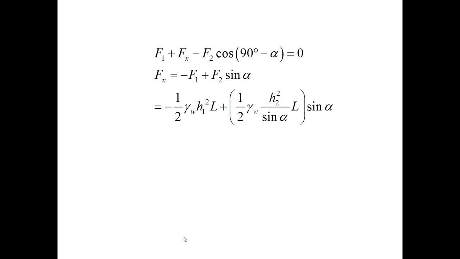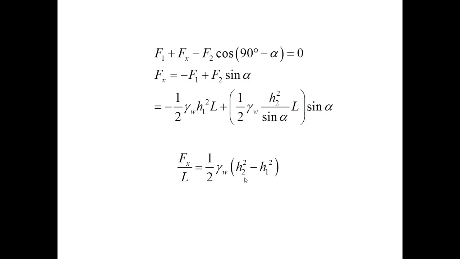It is rewritten first and then simplified, and so the result is F sub X over L is equal to this expression. Note that L nicely factors out, so that I don't really need to know what is the total length of the dam.